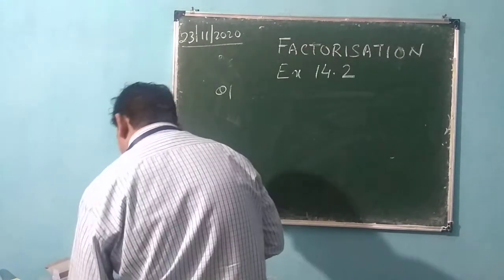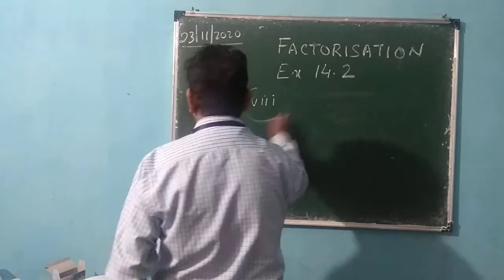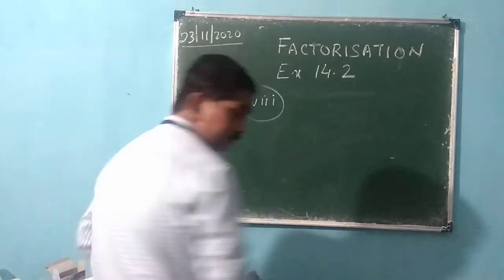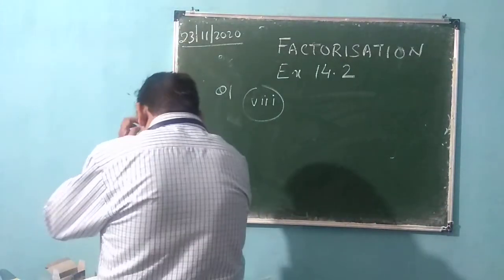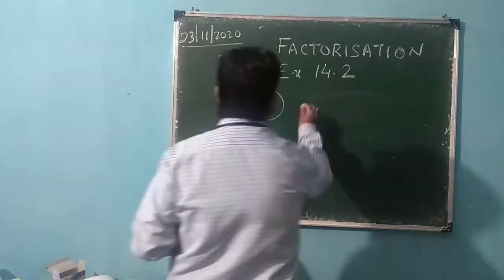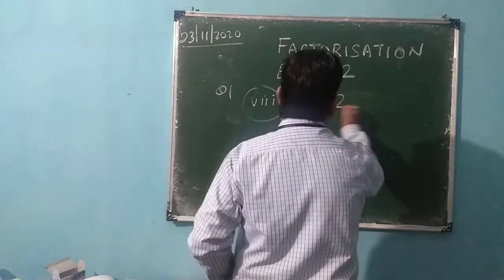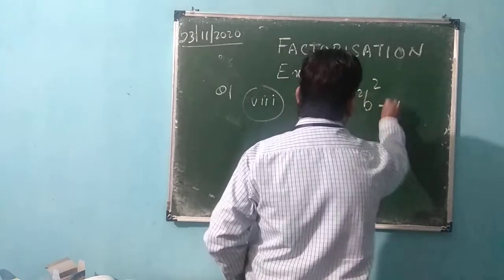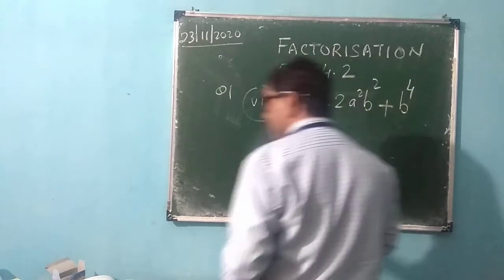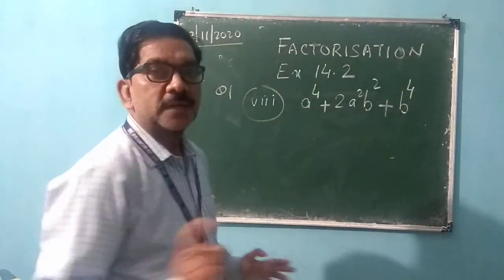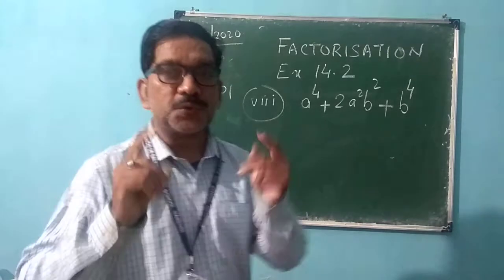Let me take the 8th part. We have a raised to 4 plus 2a square b square plus b raised to 4. Correct? Now what are we supposed to do? We are supposed to find out the two squares.